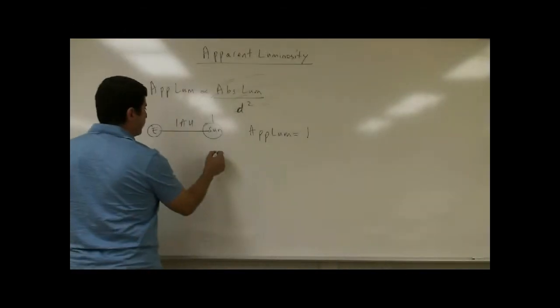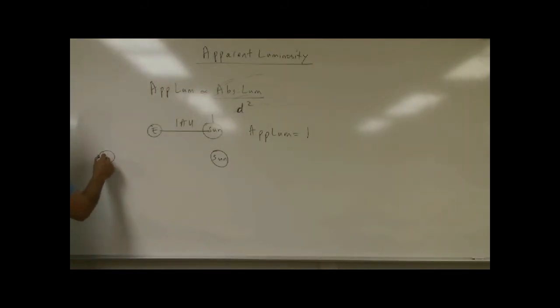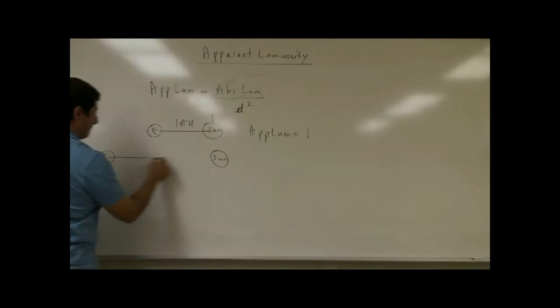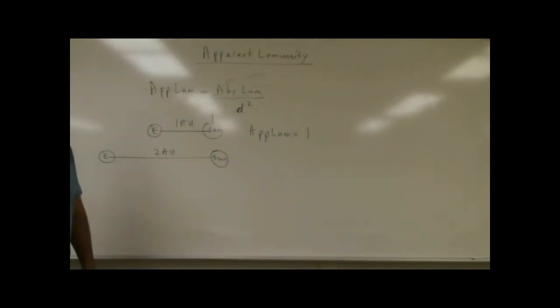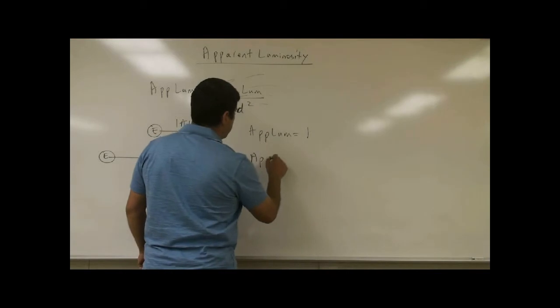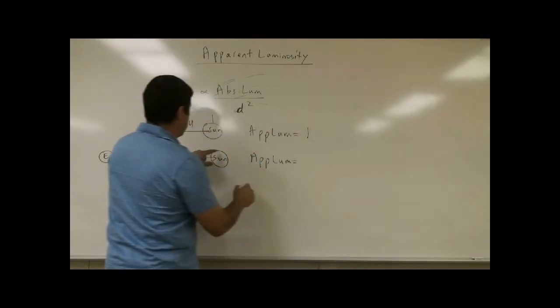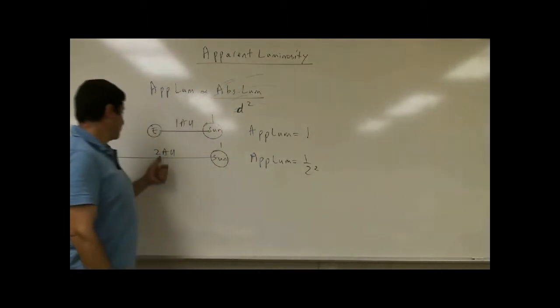Now, what would have happened if we were next to the same Sun, but we were 2 AUs away? How bright would the Sun appear then, as compared to how bright it appears now? The apparent luminosity would be equal to what? Well, if it's still the same brightness, it'll be 1 over 2 squared, right?